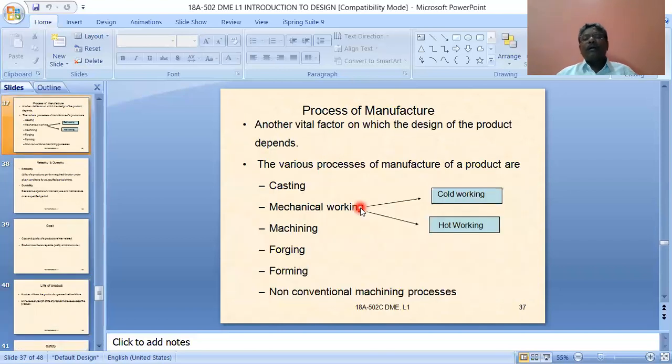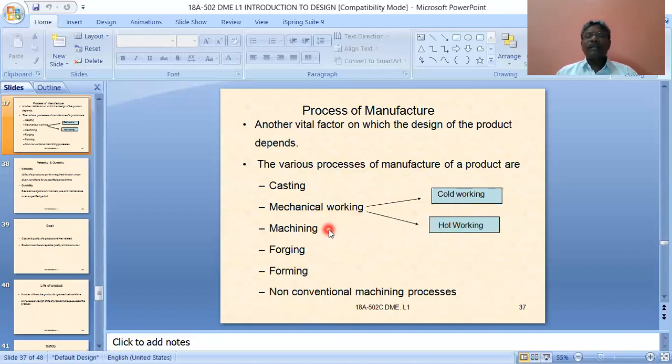Now the process of manufacture is also one of the important parameters we have to consider for the design of any product, another vital factor on which the design depends. The various processes of manufacture of a product are casting, and next is mechanical working, which includes cold working and hot working techniques.